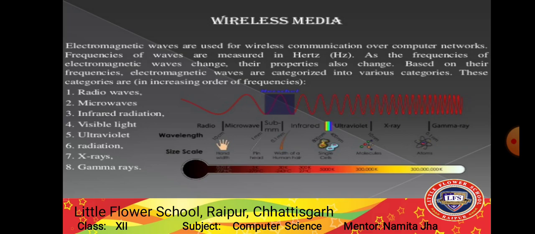Based on their frequency, electromagnetic waves are categorized into various categories. These categories are radio waves, microwaves, infrared radiations, visible light, ultraviolet radiation, X-rays, and gamma rays.